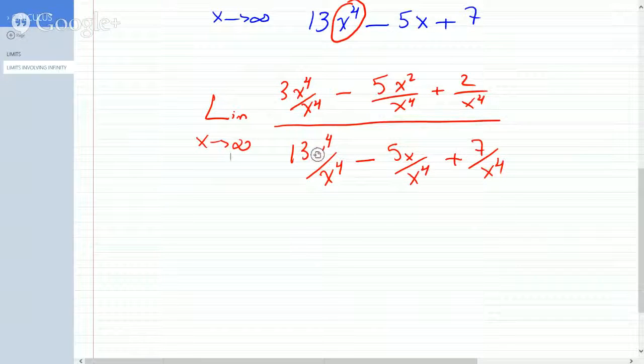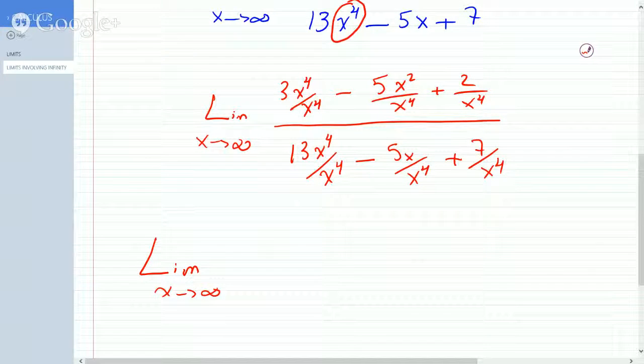Now the next step is to simplify each term. What's 3x to the 4 over x to the 4? Those cancel and we get 3. On the second one, x squared over x to the 4 gives 5 over x squared, because x squared cancels out and x squared is left.